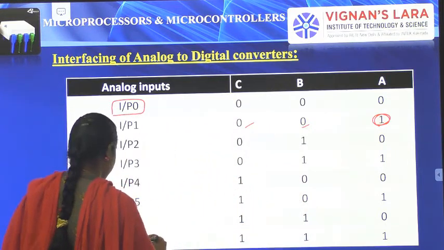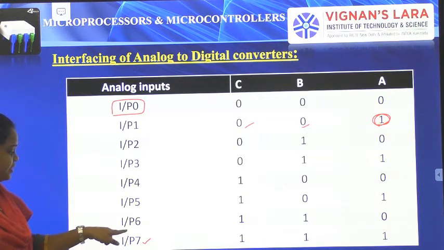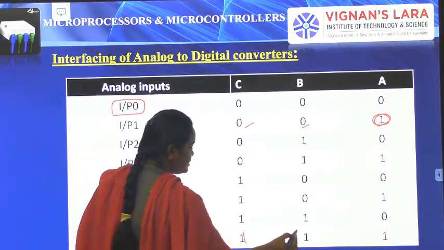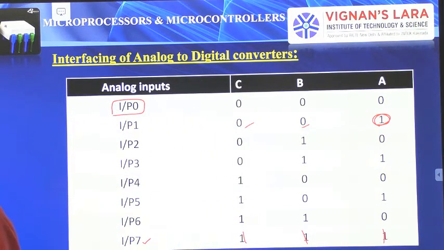Whenever the input is 7, that means we are taking analog input 7, then the addresses C, B, A are high, that means 1, 1, 1.